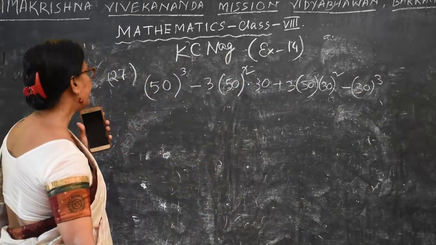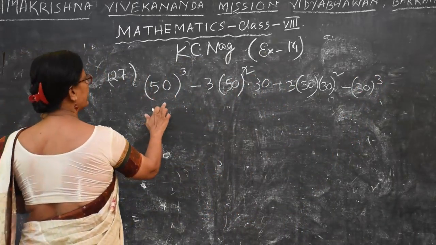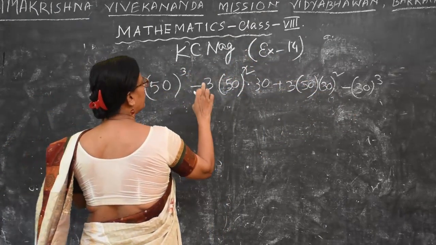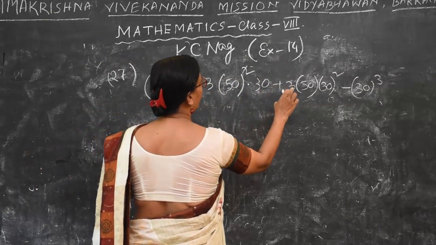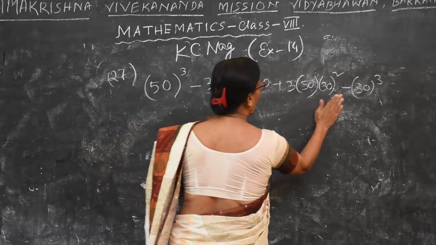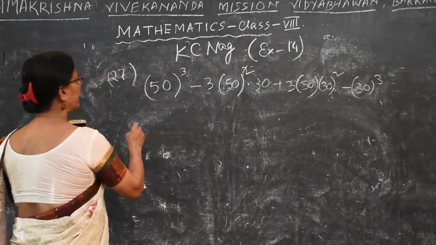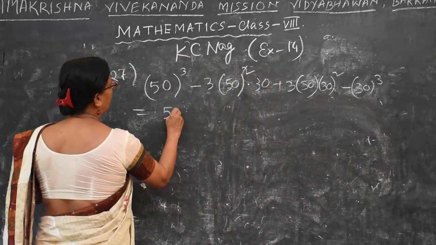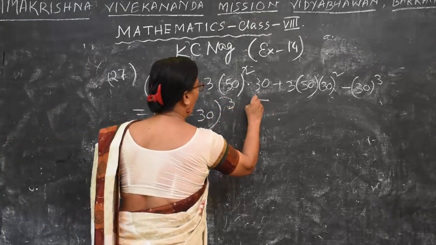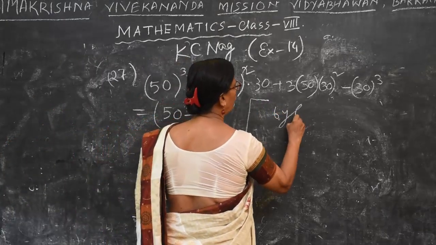See, if we check this one, this first is A and this last one is B. So A cube minus 3A square B plus 3AB square minus B cube. So how do we do this one? We do it directly: 50 minus 30 whole cube by formula.